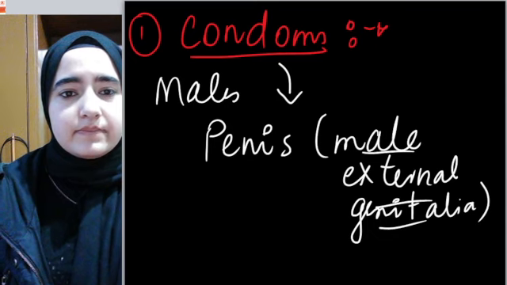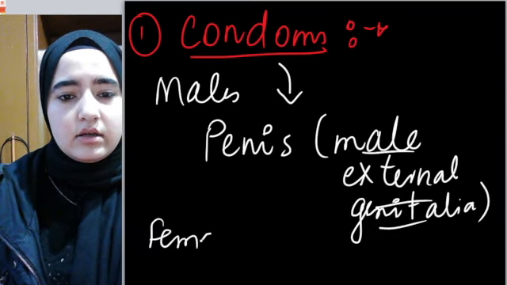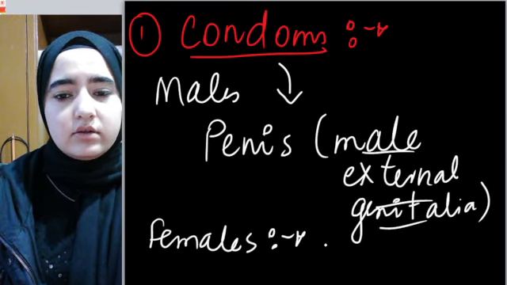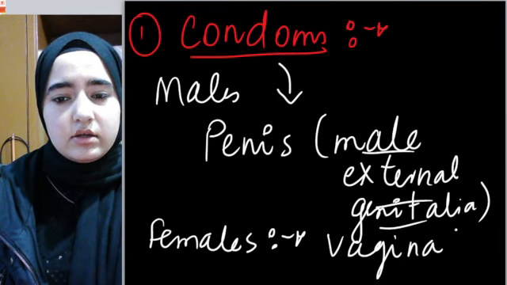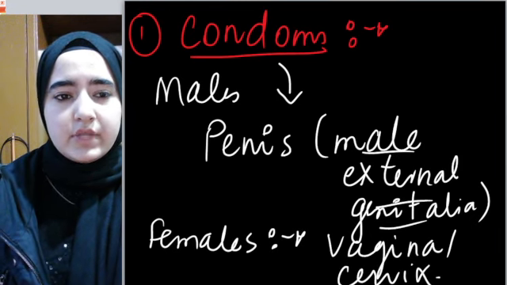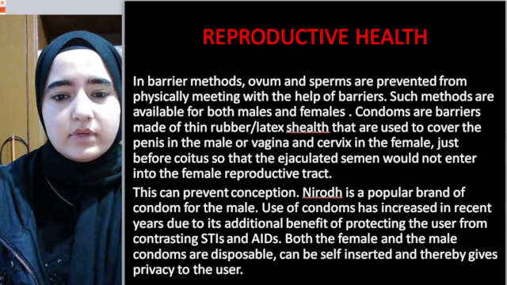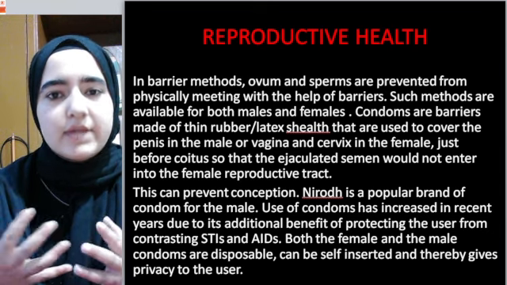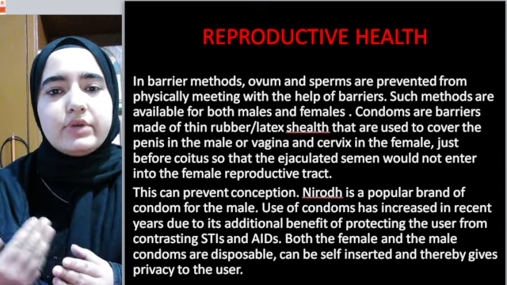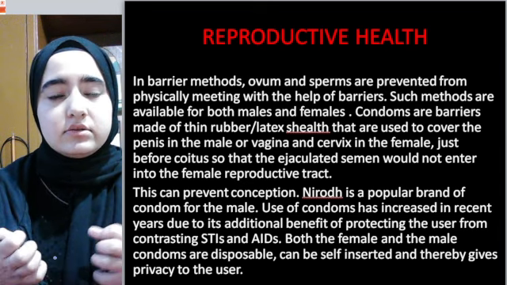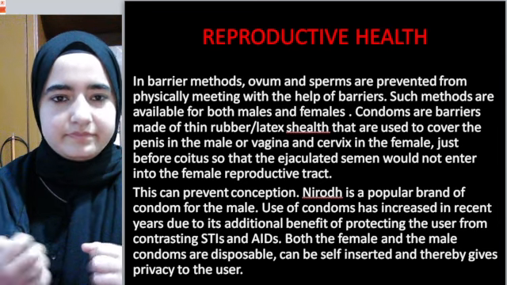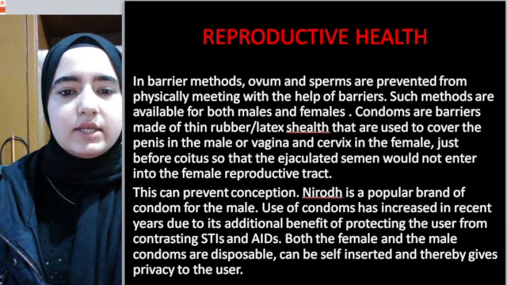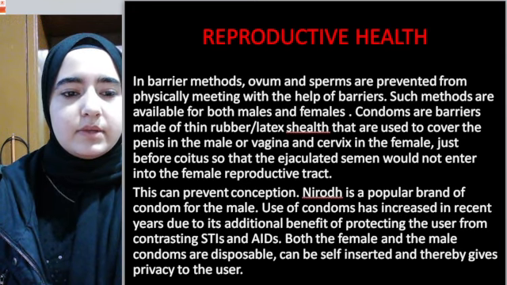Talking about females, they are worn either in the vagina or in the cervix. This can prevent conception, because the semen will be collected into the condom instead of the female genital tract.